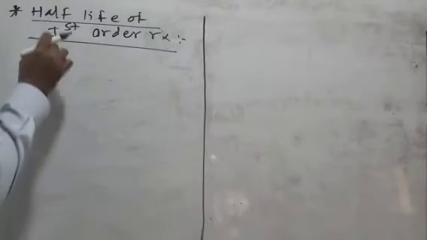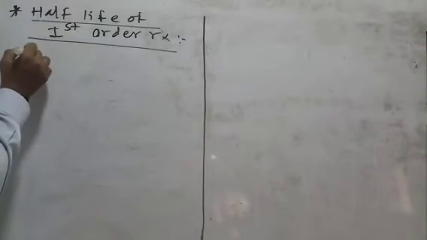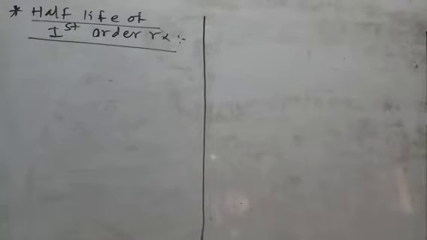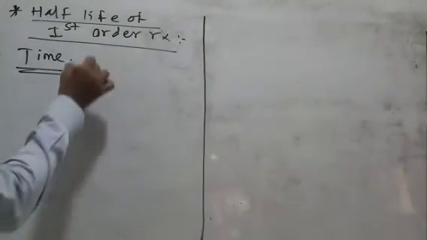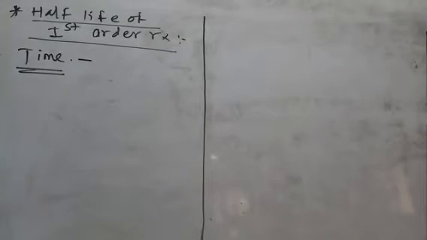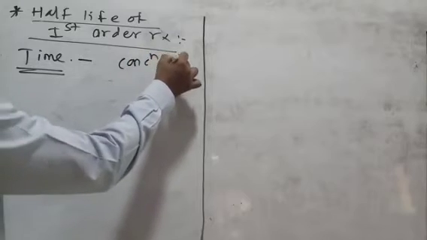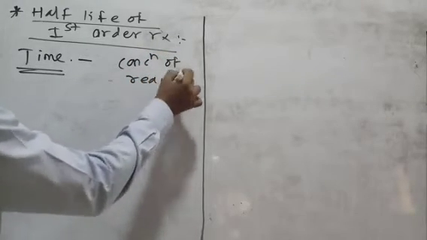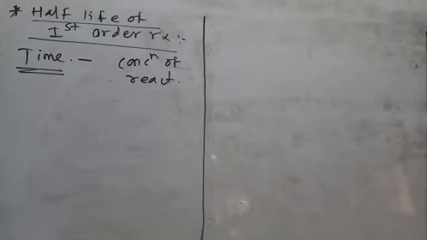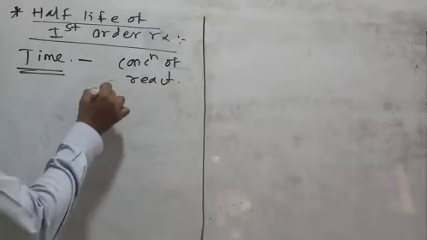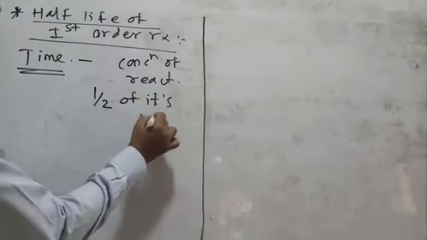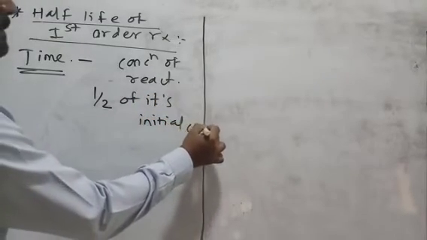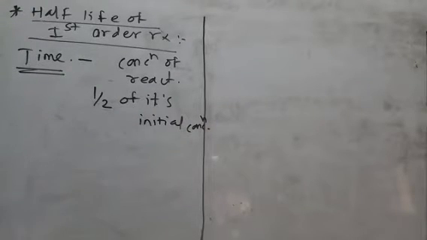So what is the half-life of a first order reaction? It is the time required for the concentration of a reactant to become 1/2 of its initial concentration, or initial value.